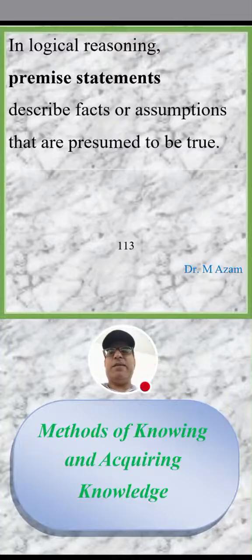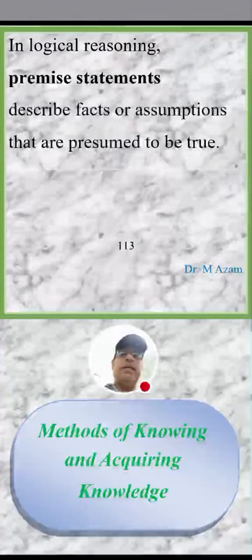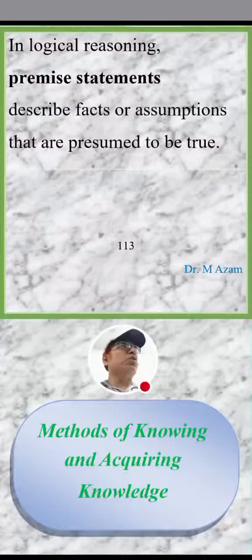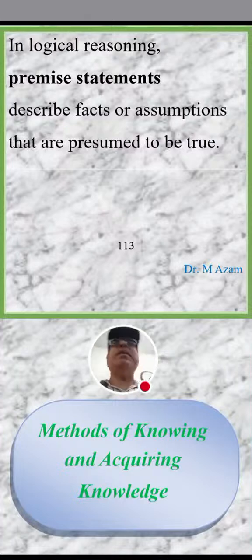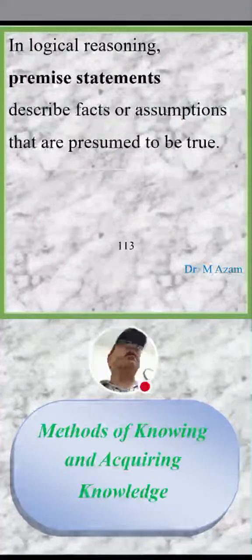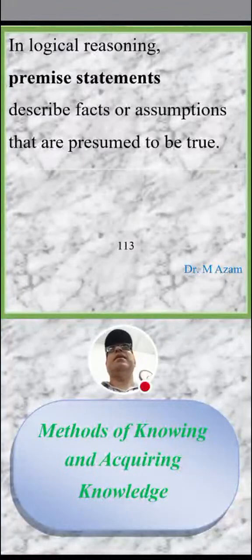In logical reasoning, premise statements describe facts or assumptions that are presumed to be true. Premise statements, some basic statements. We take some basic statements, 2, 3, or more. They are called premises.